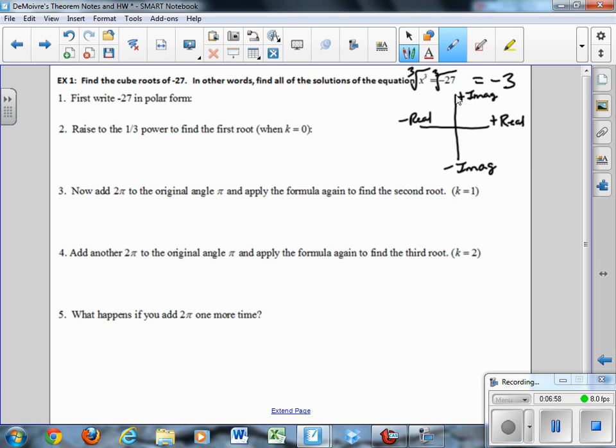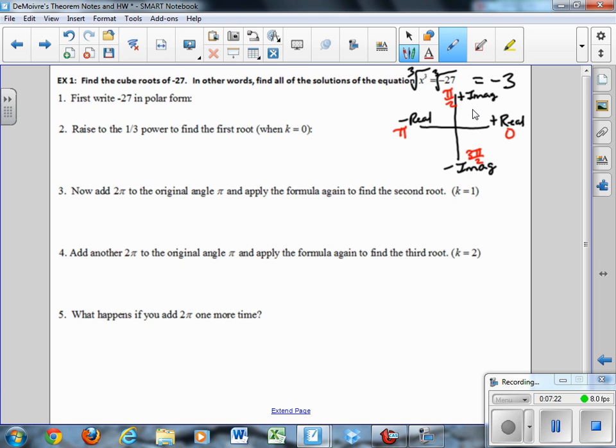The positive imaginary will correspond with pi over 2. Negative real is pi, and negative imaginary is 3 pi over 2. So when we write a complex number in polar form, if we only have a single number, either real or imaginary, it's going to correspond to one of those 4 angles. If it has 2 numbers, an a plus bi, it'll be in one of the quadrants.